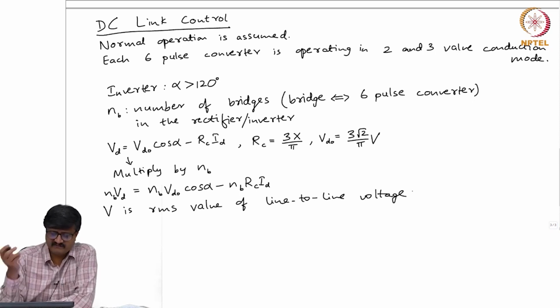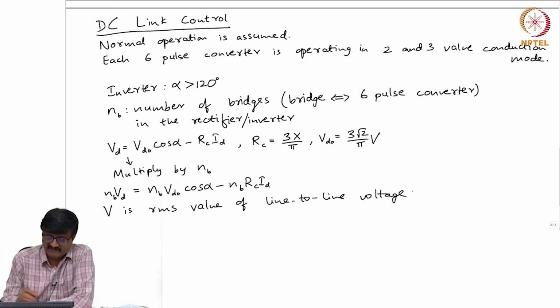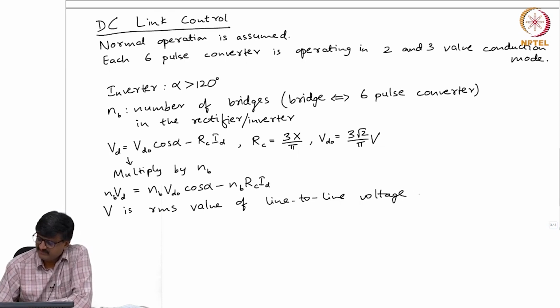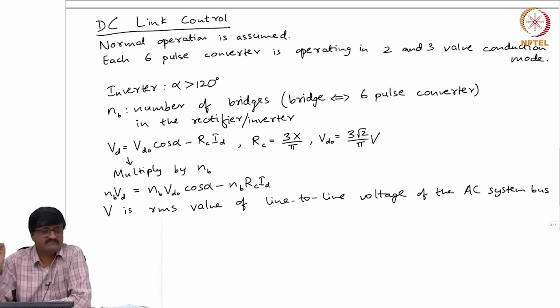If I take one of the bridges on the rectifier side or inverter side, one at a time, suppose I am considering one of them, V is the RMS value of line to line voltage of the AC system bus.